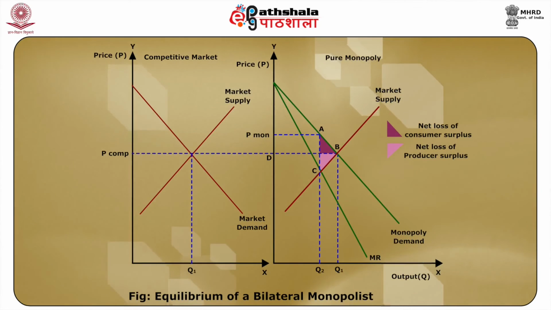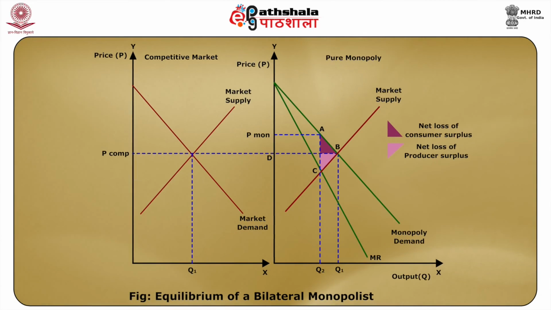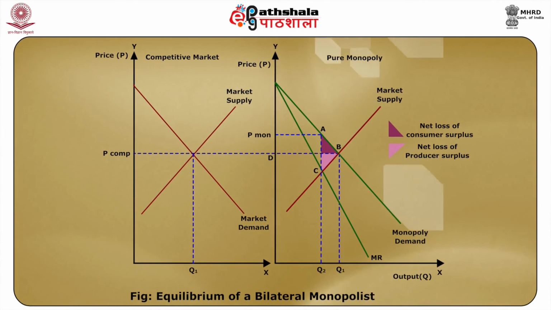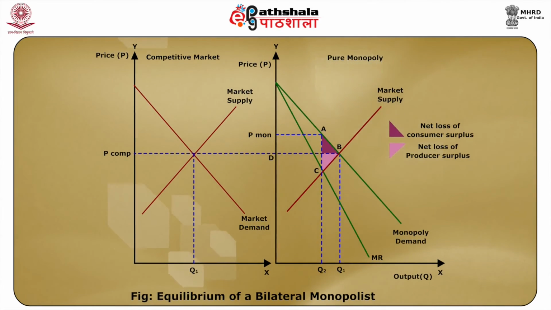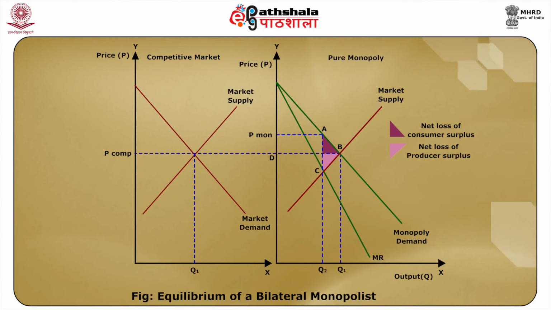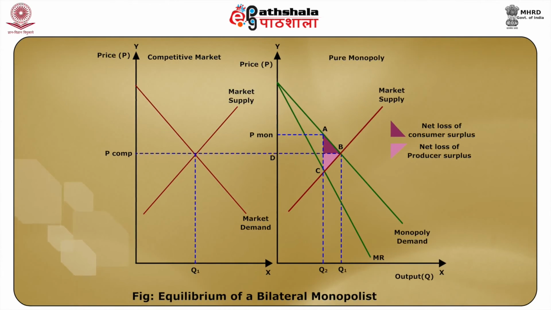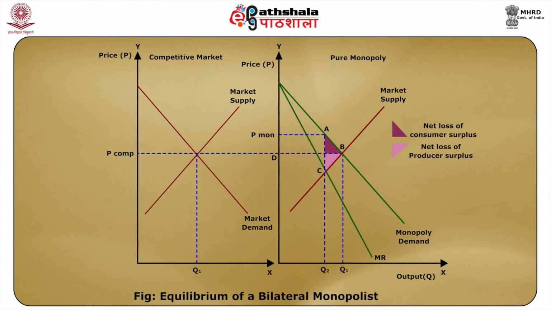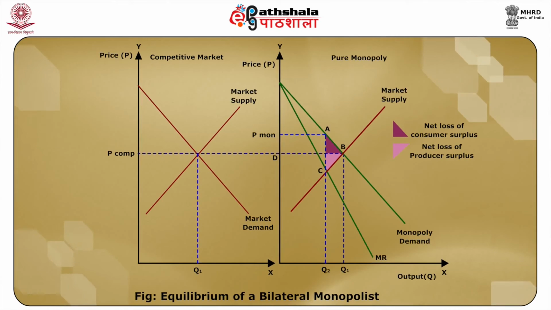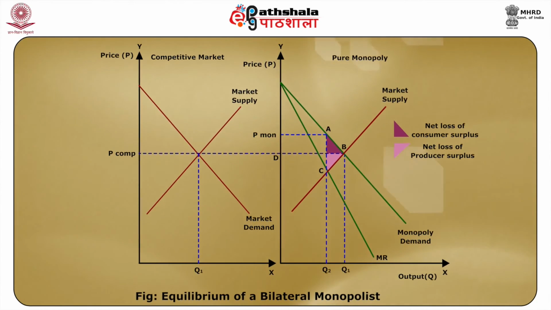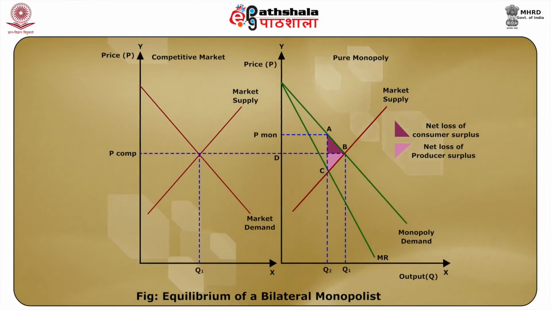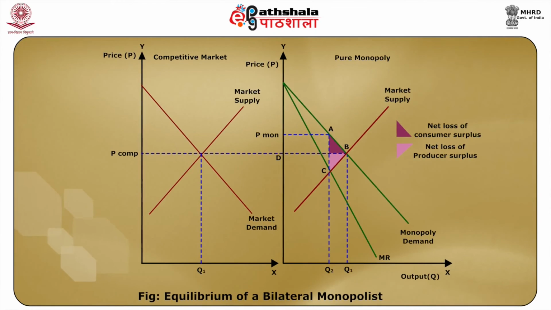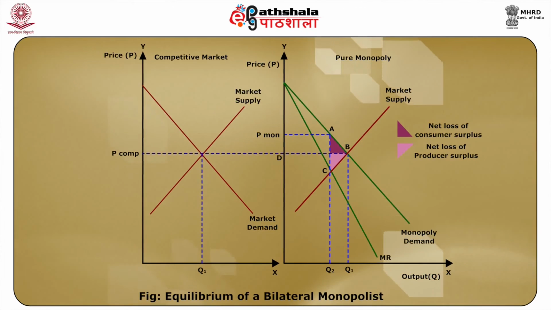In the figure, the competitive industry is in equilibrium at the point where market demand and market supply equate to each other, deciding the equilibrium price and quantity. At this equilibrium point, competitive firms produce quantity Q1 at price P competitive in order to maximize social welfare, because at this point both consumer and producer surplus are maximized.